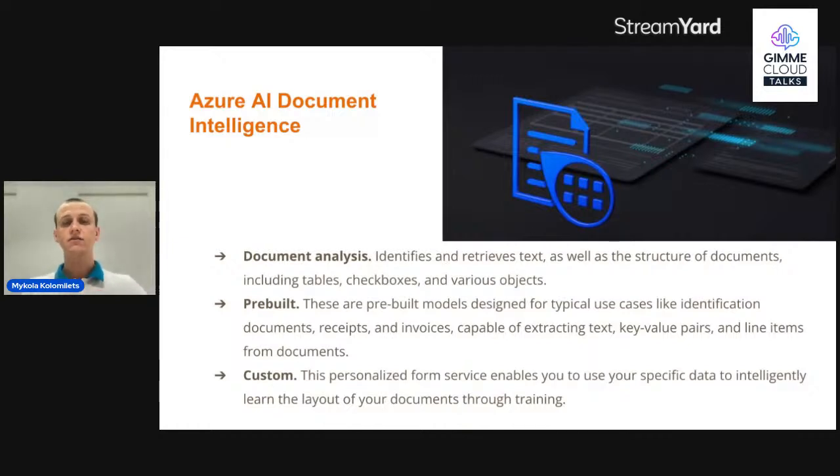We can send some image, for example an invoice, and Azure will return information from this image in JSON and say that this field, for example price or cost, is some numbers. So we don't need to do anything from the AI perspective. We just use this API for getting this information. And it is really easy to do.